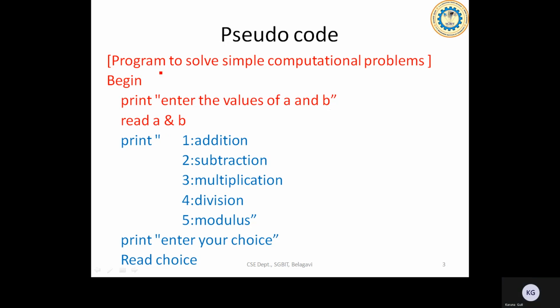This pseudocode helps us to act as the commercial calculator, which helps us solve simple problems. It asks us to read two values, A and B. First it prints a message, then asks for the values to be read as A and B. Then it displays a menu consisting of the options you can choose from.